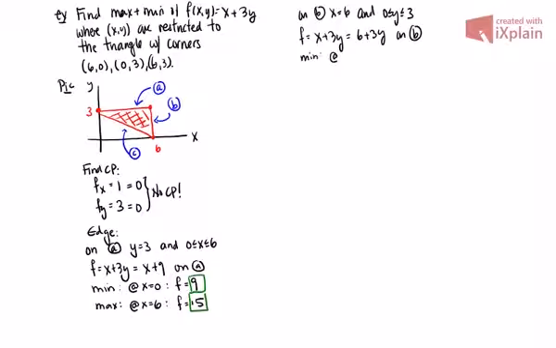The minimum will occur when y is as small as possible, when y is 0. At that point, f will be 6. And the maximum will occur at y equals 3. When y is 3, I get 12. So, put some boxes around those.